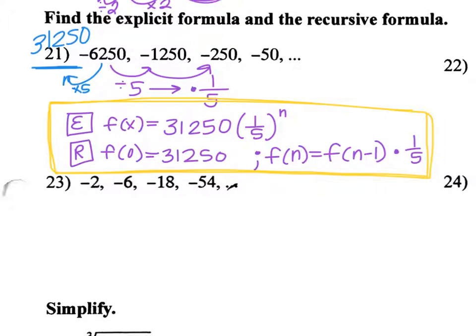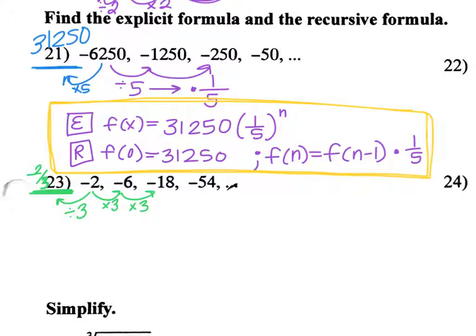All right, while I'm here, I'm going to go ahead and go over 23. So again, we need to figure out what's our pattern. And here it looks like we're getting bigger, times 3 going forward. And then I need to find my first value. So I'm going to divide by 3, which is going to give us negative 2/3, since that doesn't divide very well. All right, so now we're going to write.